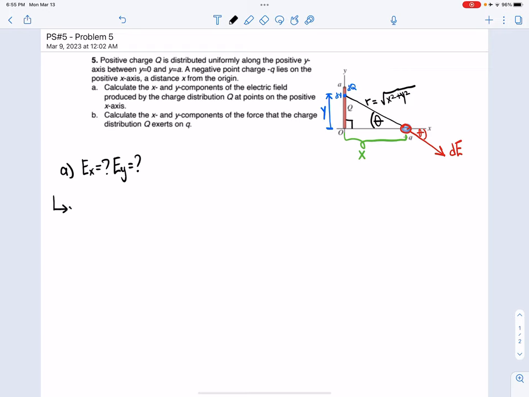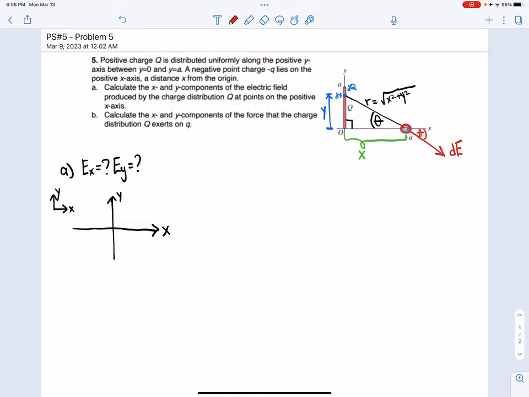So if I have this x, y axis right there, that's my coordinate system. This is y, this is x, okay?